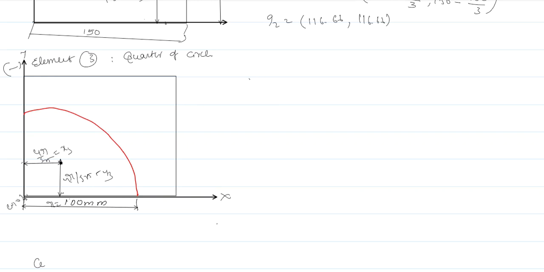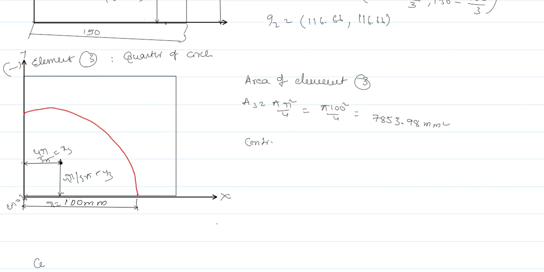So first of all, the area of element 3. That is A3 is equal to pi r square by 4, where r is equal to 100 mm. So pi 100 square by 4, if you calculate, you will get 7853.98 mm square.